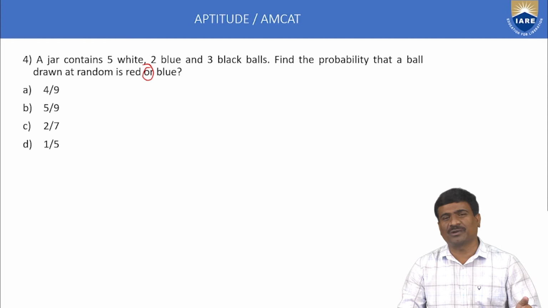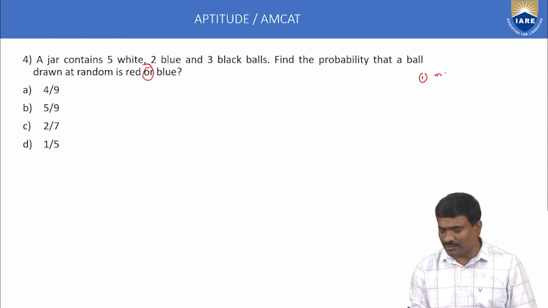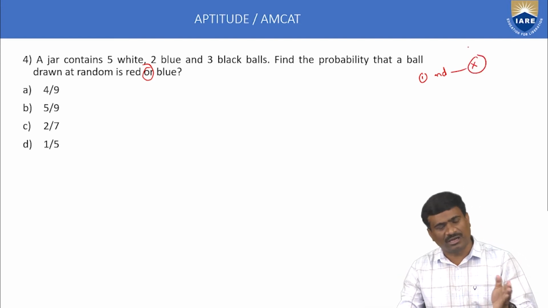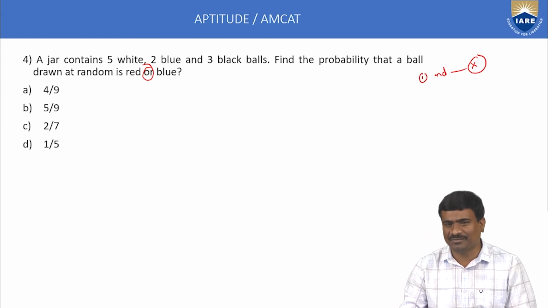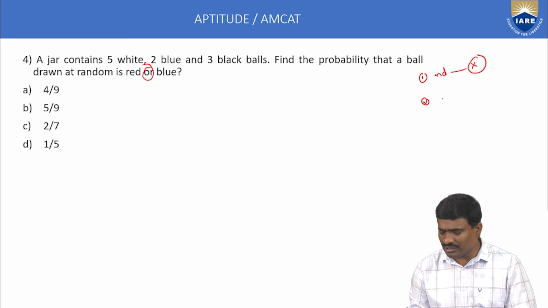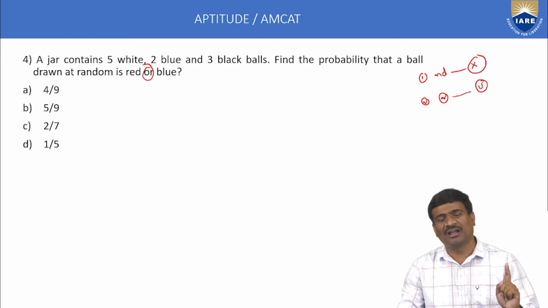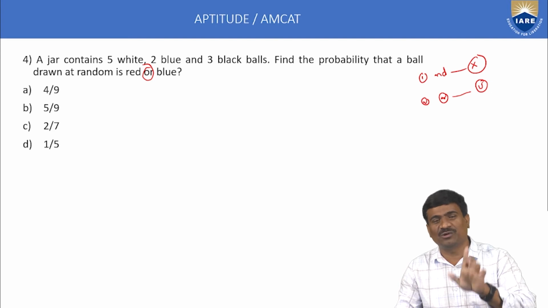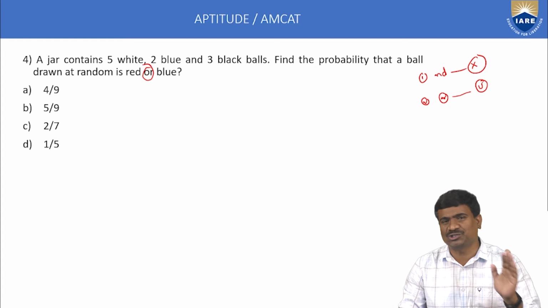In probability or combination topics, AND indicates the multiplication operator, that is one solution. Red and blue, that is called the multiplication operator. Second, OR indicates union. This is important, not necessarily plus. That depends upon the given statement, but generally AND means multiplication, that is only one solution. OR means union, that is separated solution.